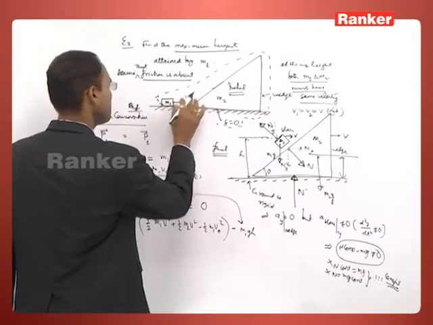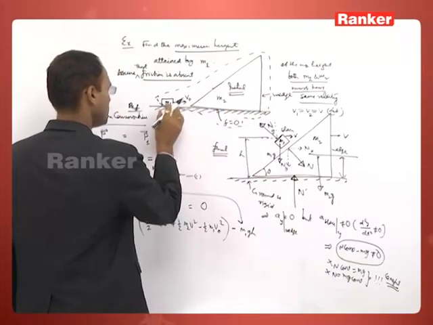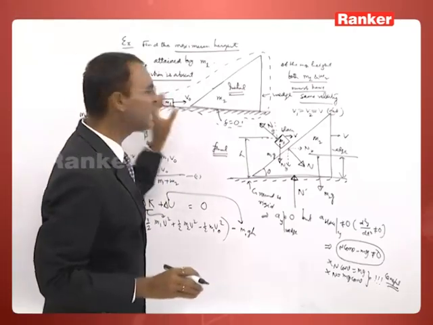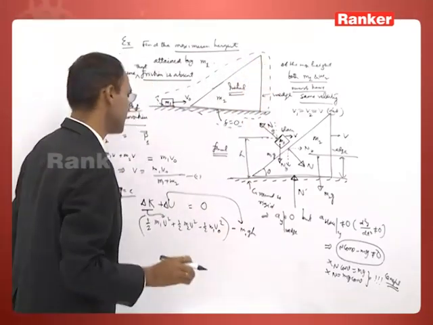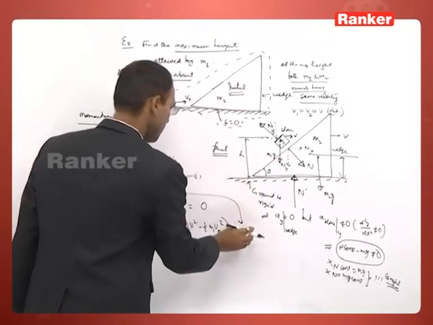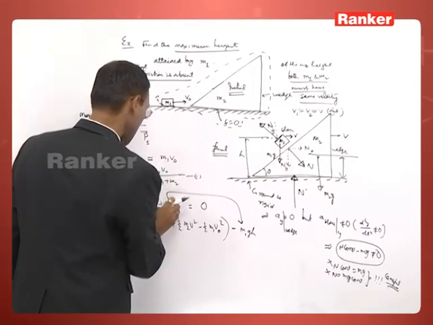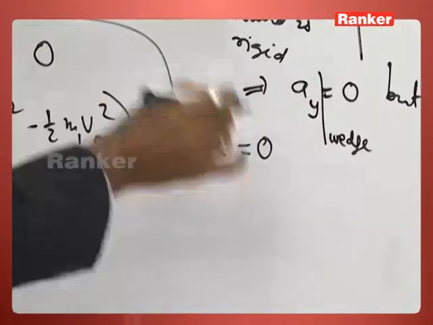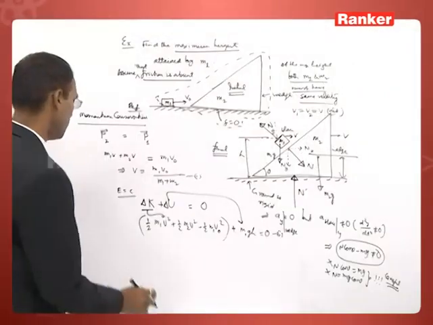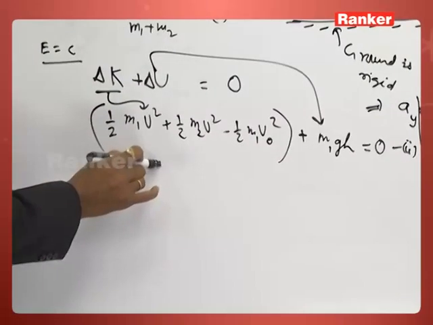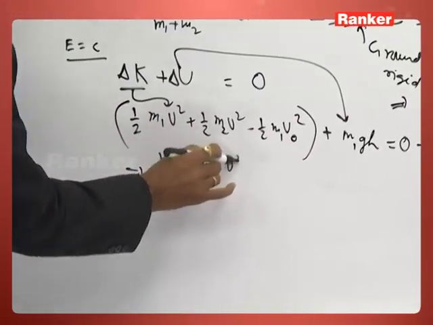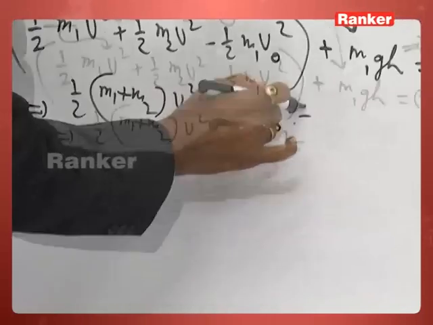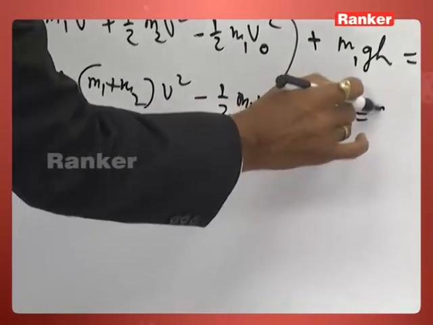This is the change in potential energy of the system, which is equal to the change in gravitational potential energy of the block, because the block only is changing its energy from 0 to m1gh. So delta U will be equal to plus m1gh. This is the equation number 2. We can simplify this: half (m1 plus m2) v square minus half m1v0 square plus m1gh will be equal to 0.